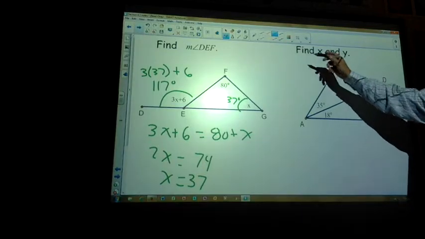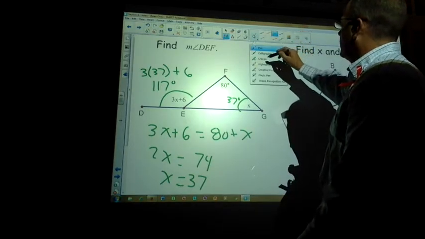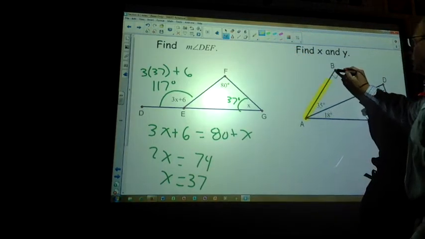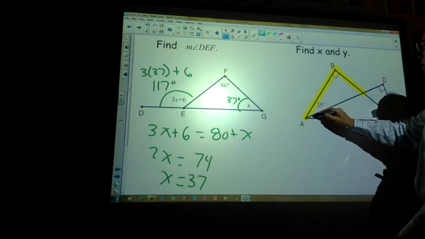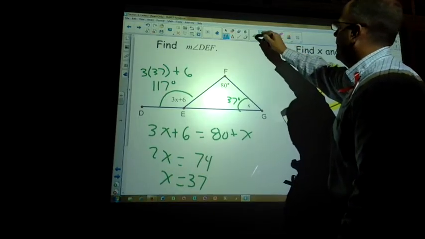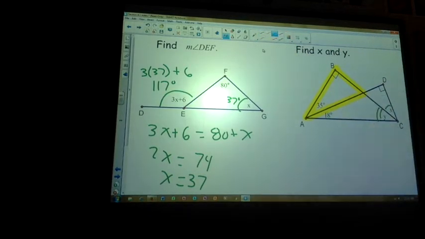Let me find the missing angle here. How do I find that missing angle? 180 minus 125, or 90 plus 35. So it's 55. Agree?